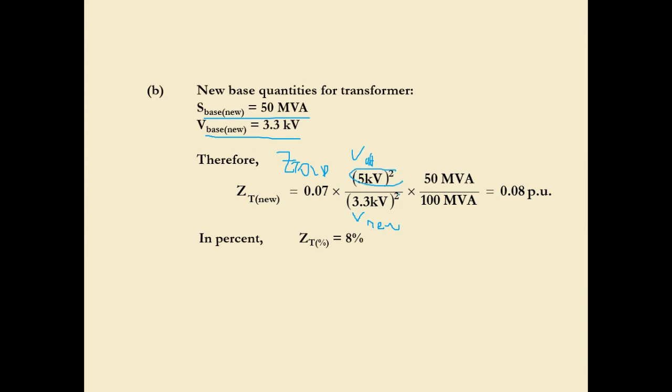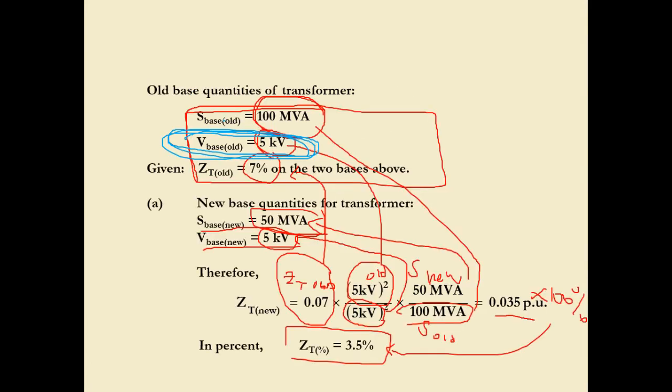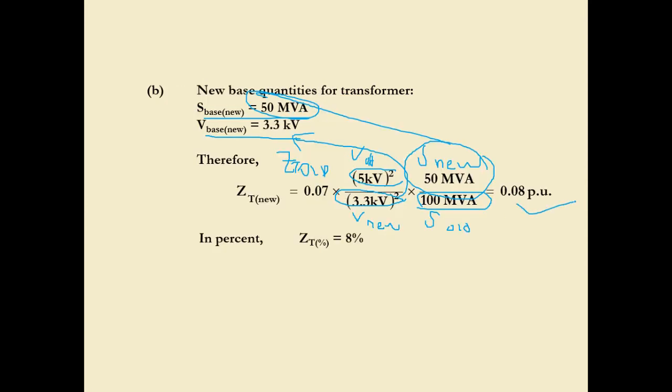Put it here, and since this is new, of course from the question over here. Similarly for S, we have a new S, the old S base, and the new, again from the question. And then 100 MVA is from the old data of the transformer. 0.05 PU multiplied by 100%, giving 5% ZT, the transformer impedance.